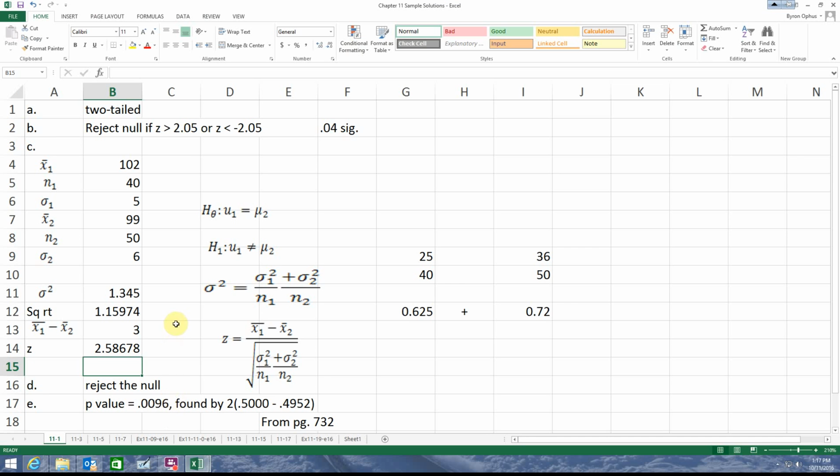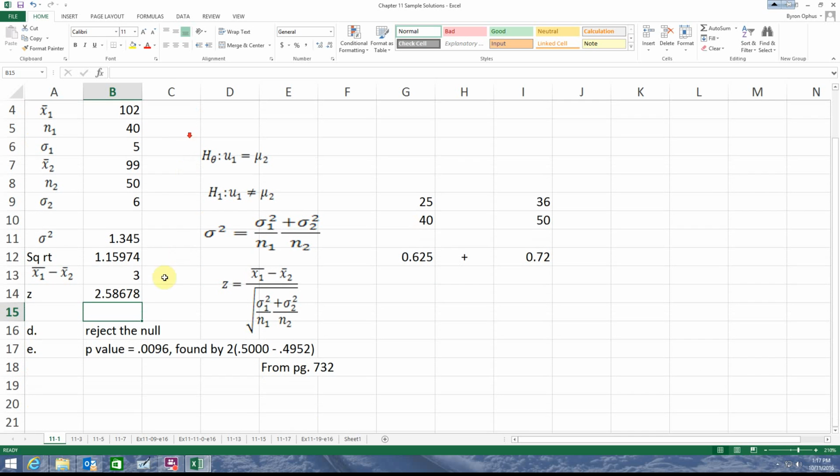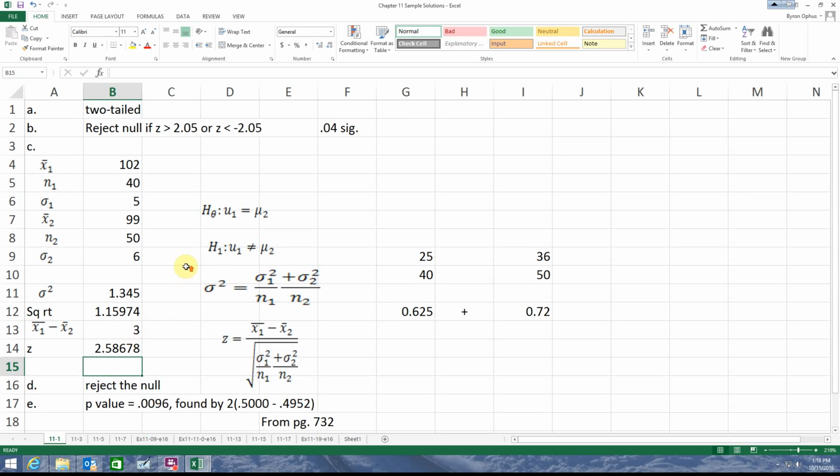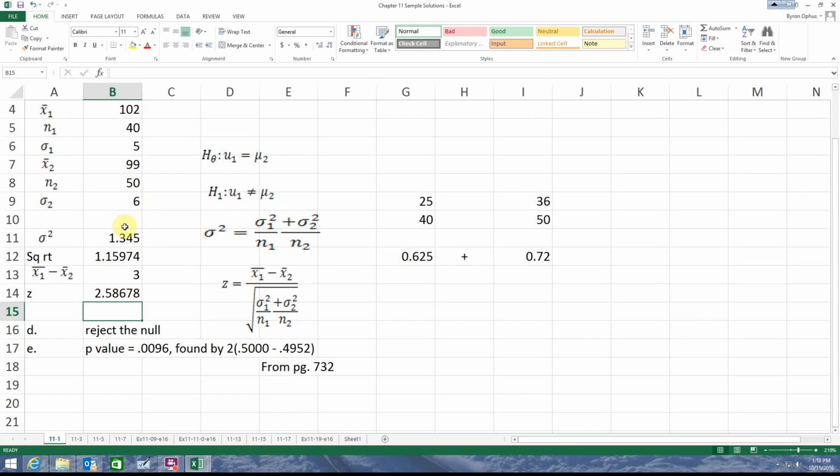So what do we end up with? We end up with 2.58. Well, it is greater than 2.05, so we reject the null. We go with the alternate hypothesis: these two means are actually different.